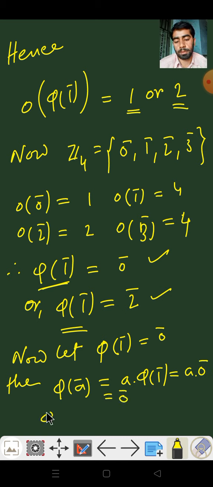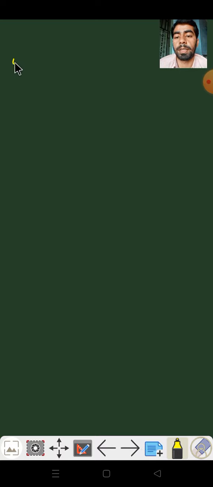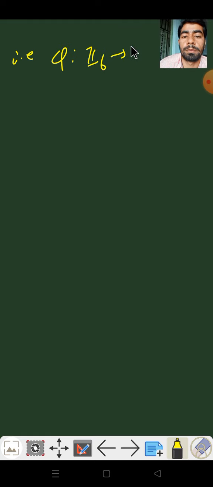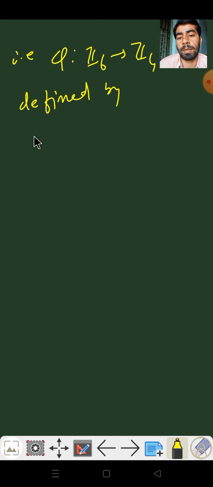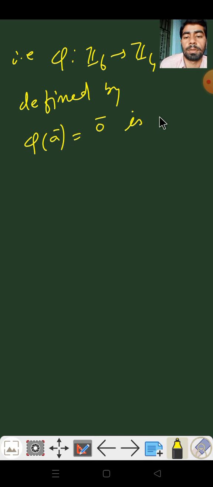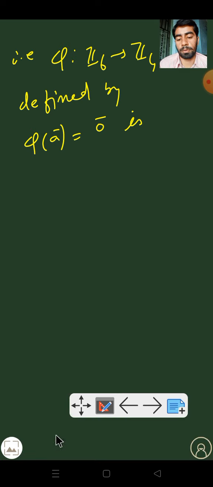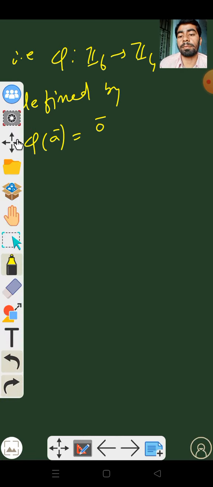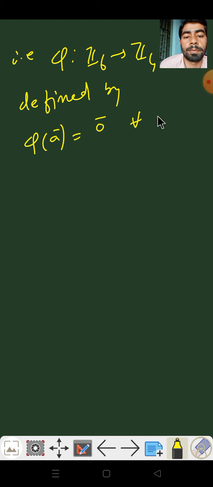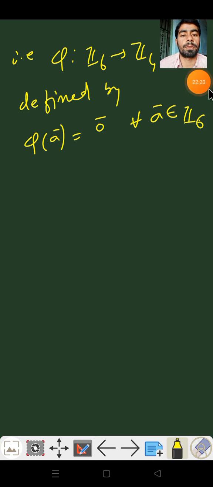This is the trivial homomorphism, phi from Z6 to Z4 defined by phi of class of A equals class of 0 for all class of A belonging to Z6.